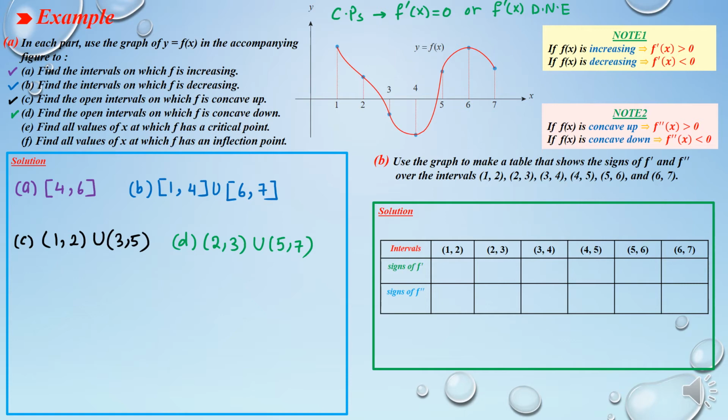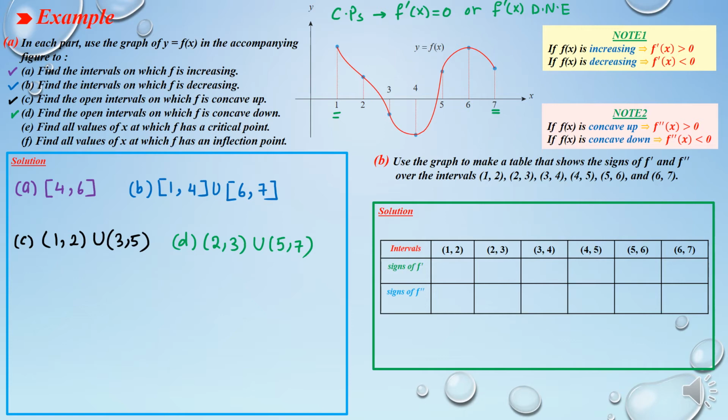As you see, the function is continuous and differentiable on its interval, but the endpoints of the interval are always critical points. Here we have 2 endpoints. The first one is 1 and the second one is 7. And at these 2 endpoints, the derivative does not exist. F prime of x does not exist.